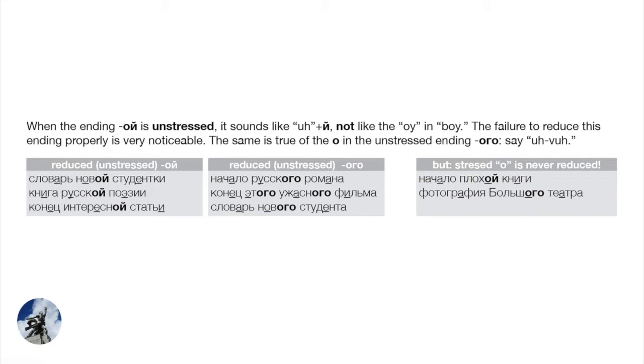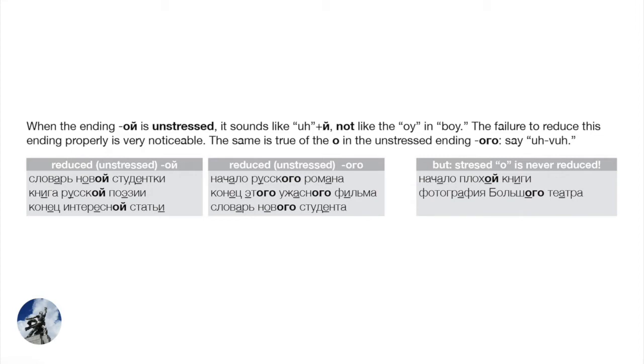Okay, what about ova, right? So again, if it's unstressed, it's not going to be ova. It's going to be ava, right? O reduces to a. So the beginning of the Russian novel, Начало русского романа. Начало русского романа, not русского, but русского.